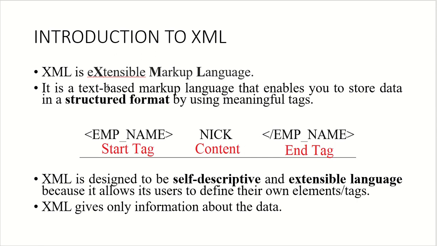So XML is basically a text-based markup language that enables you to store data in a structured format by using meaningful tags. One more form of structured format is to store the data in tabular form by picking the contents from the XML format, but this is a bit advanced.